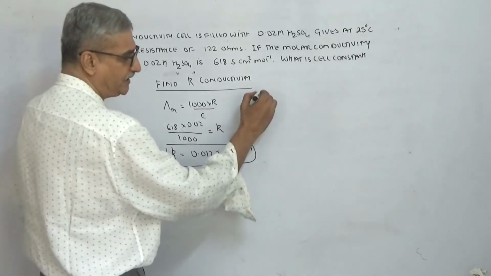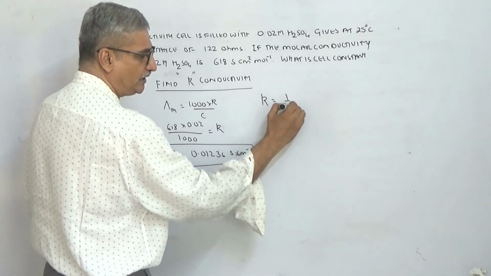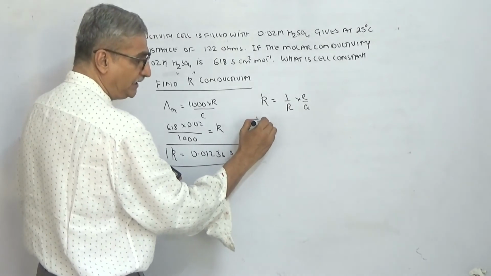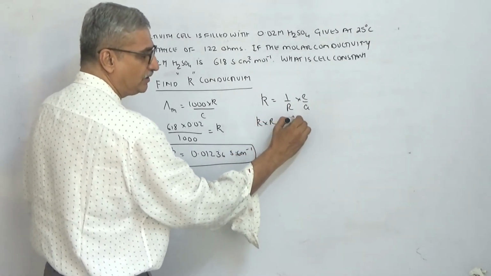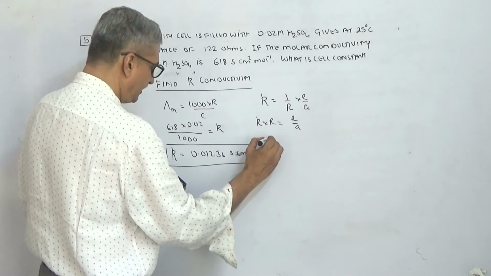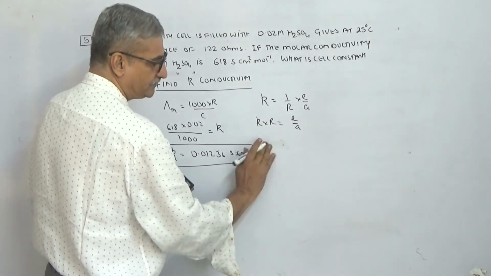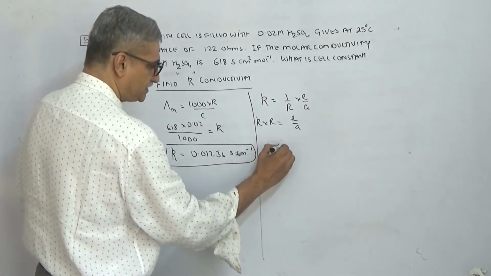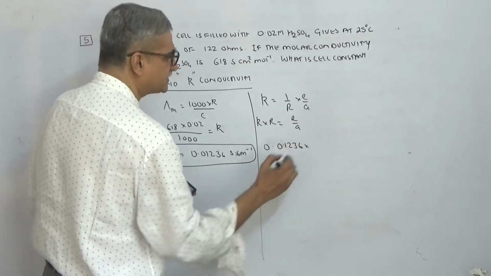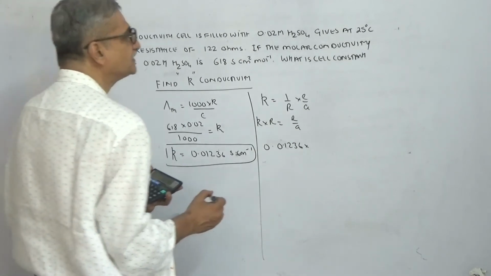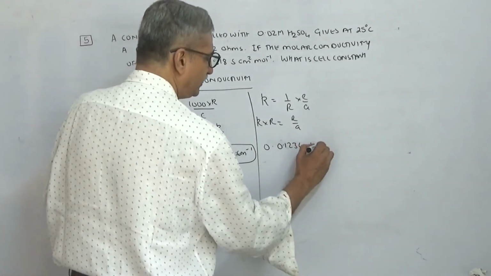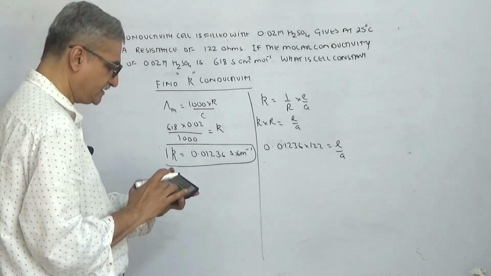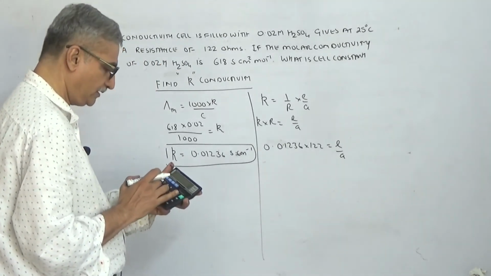But what is the formula we have? K is equal to 1 upon R into L by A. So K into R will be equal to L by A. So 0.01236 into R, the resistance of 122 ohms, that is L by A. Let us calculate, into 122.